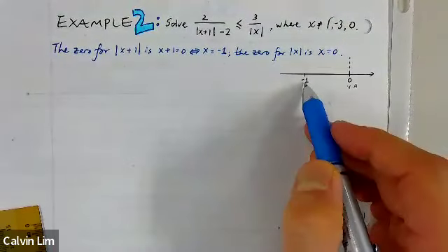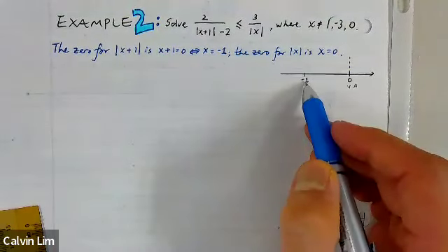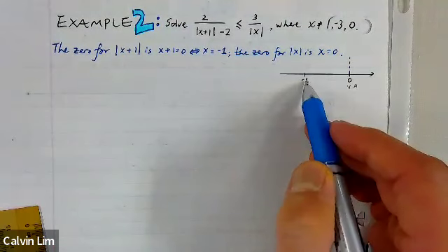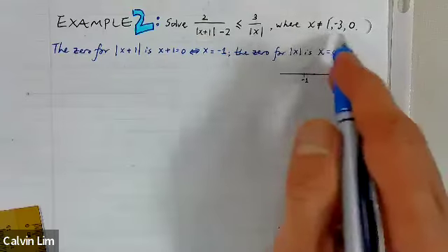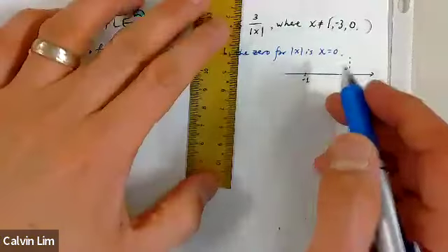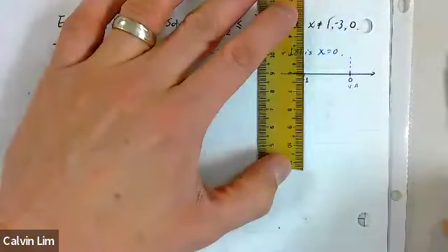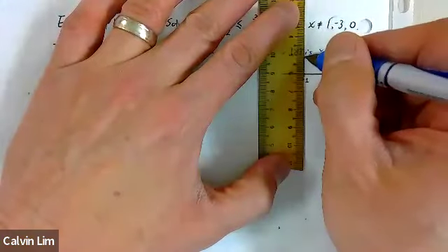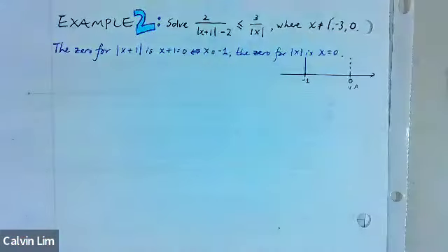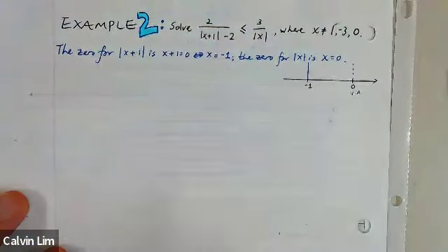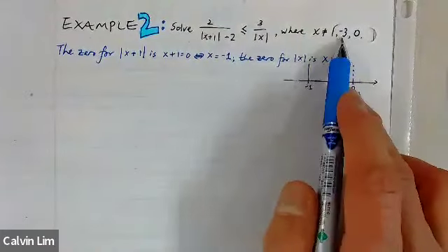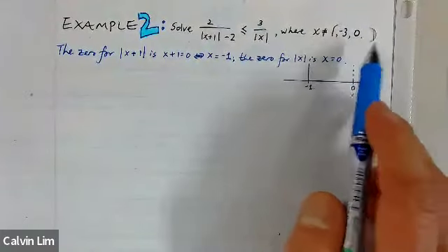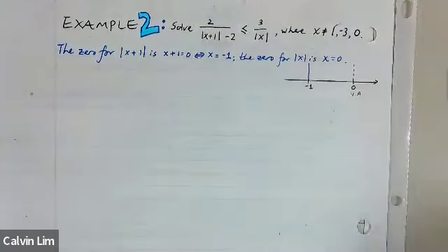What about x equals negative 1? Is this a solid point or is this a vertical asymptote? It's not part of the restriction, right? So this is a solid line. We have that. Okay. Well, we also have 1 and negative 3 that are also vertical asymptotes.